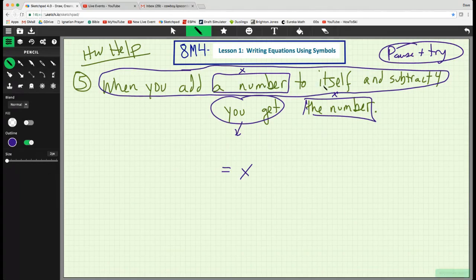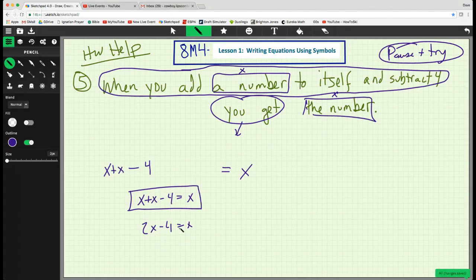When you add a number to itself, a number added to itself is x plus x. I added a number to itself, subtracted 4, and you get x. So x plus x minus 4 equals x. So there's our equation. Let's go ahead and solve it for fun. 2x minus 4 equals x. Subtract x from both sides.